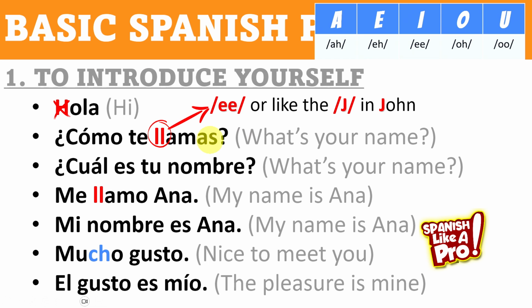And then people from Argentina and Uruguay, where I'm from, Argentina, we tend to pronounce this like llamas. ¿Cómo te llamas? However, most of the Spanish speaking world is divided between llamas and llamas, which is what I try to use in my videos. ¿Cómo te llamas?